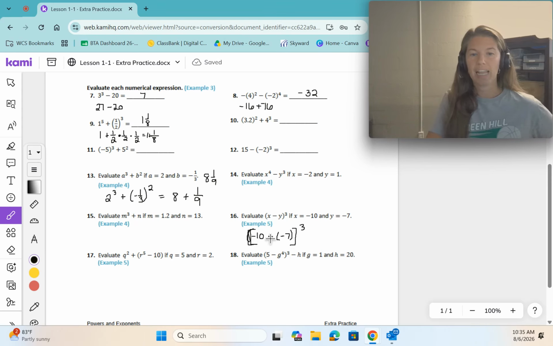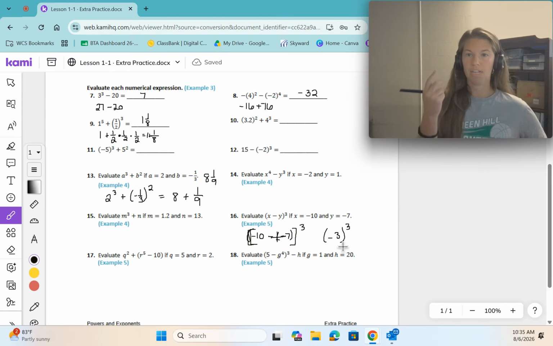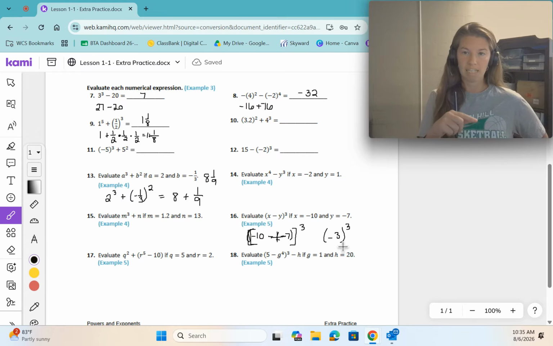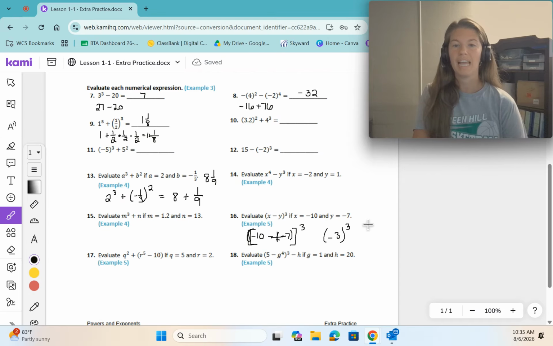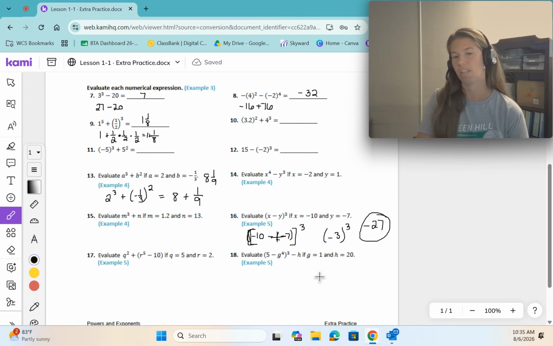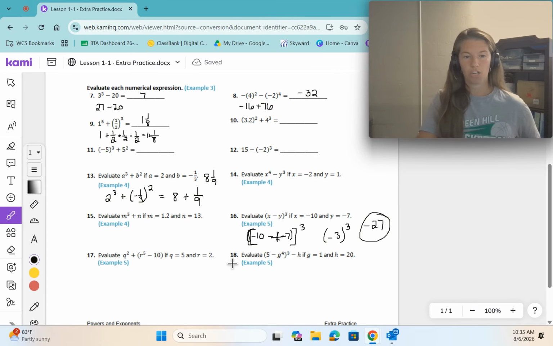So we're going to do negative 10 minus negative 7. So this is going to be negative 10 plus 7. So I'm going to get negative 3 raised to the third power. Negative 3 times negative 3 is positive 9, times negative 3 is going to be negative 27 as your solution there. And then there are 2 more that you can try on your own like that as well.